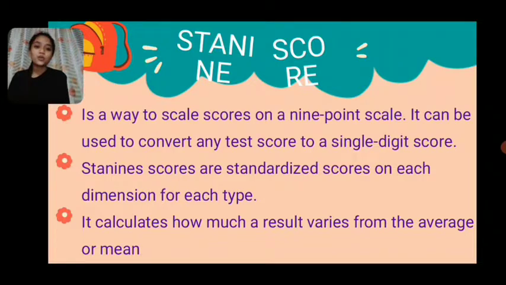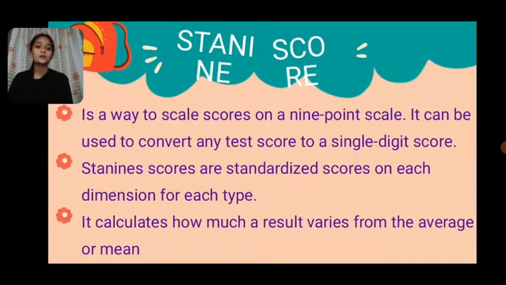So standard scores are standardized scores on each dimension for each type. Since a standard score can be used to convert any test score to a single-digit score, like the z-score or t-score, standard scores are a way to assign a number to a member of a group, relative to all members in that group.